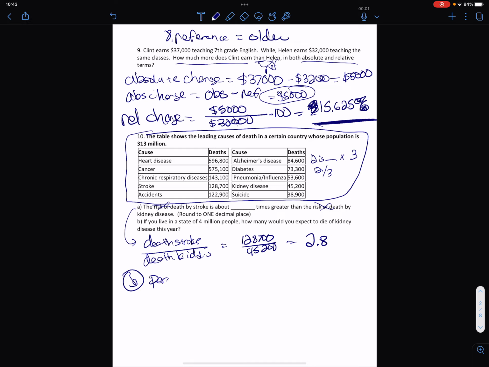What percent died from kidney disease? And I'm going to stop right before I make it a percent, but that's the same thing. Percent that died from kidney disease means I'm trying to compare the number of deaths by kidney disease to the total population.